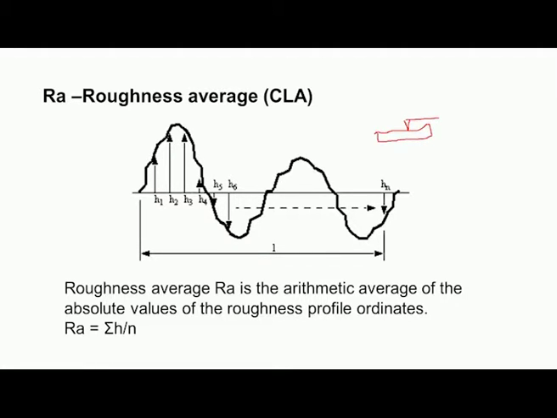Finally we find the summation of heights, H1 plus H2 plus H3 up to Hn, divided by the number of ordinates. So this will give the RA value. If ordinates are measured in micrometers, then we get the RA value in micrometers.